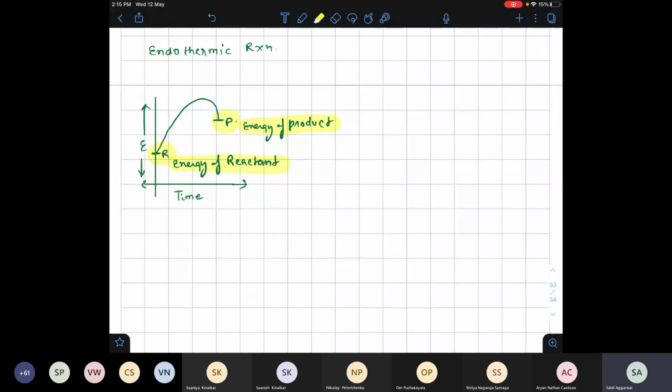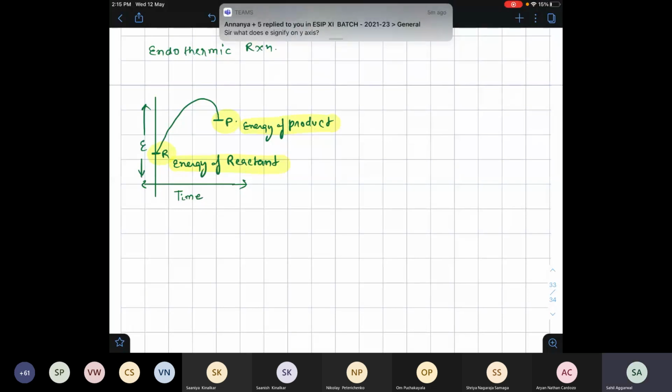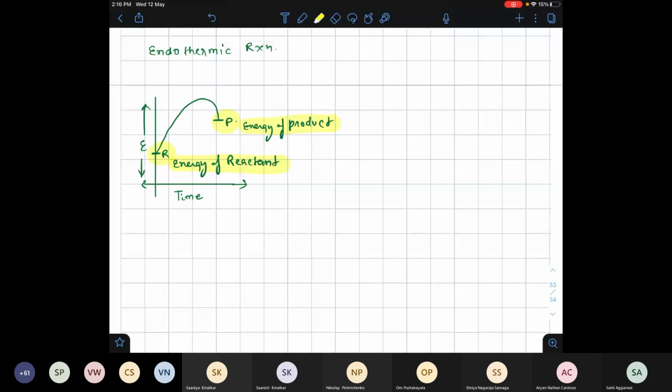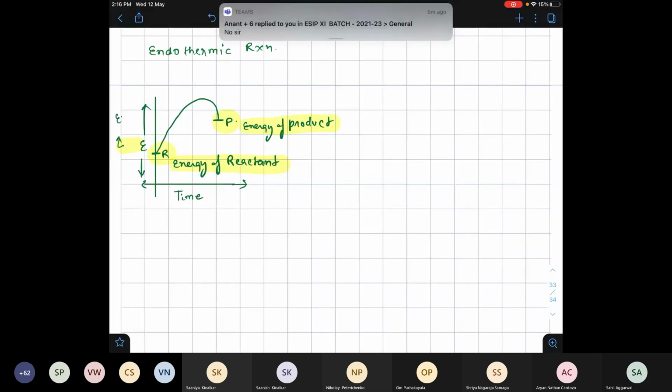Any doubt in this? E signifies energy. Any doubt?